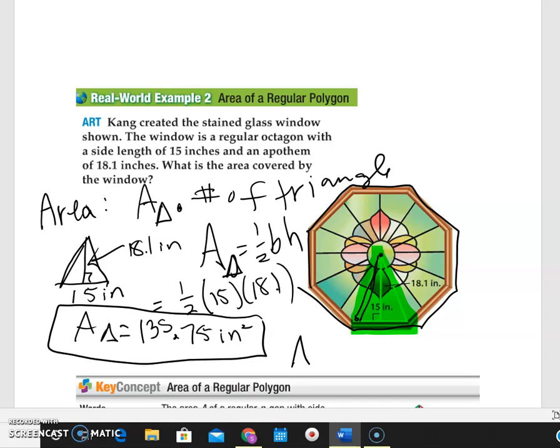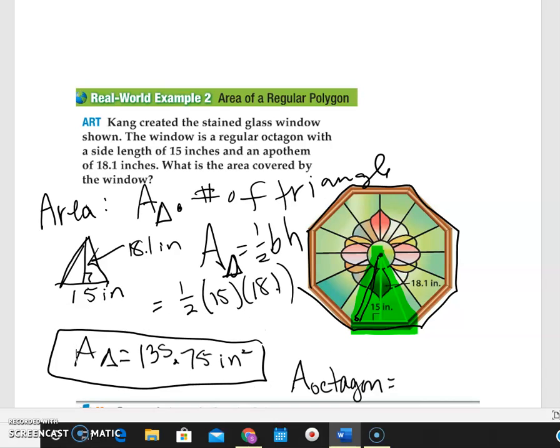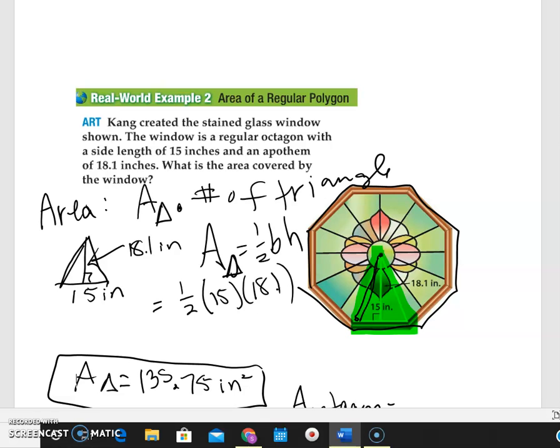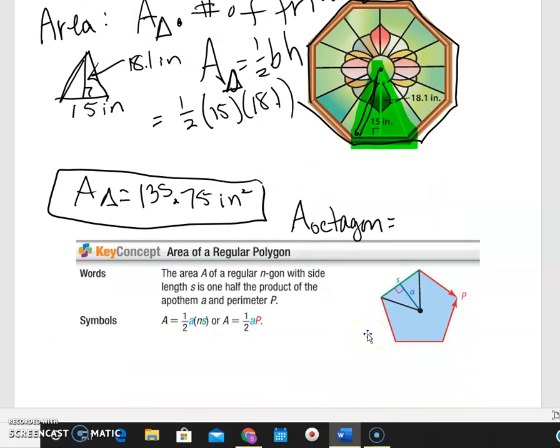Now, if we want the whole area of the octagon, then we're going to take that triangle, which was 135.75, times 8, because there would be 8 of those triangles since it's an octagon.